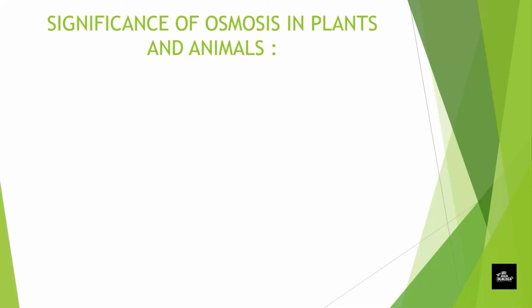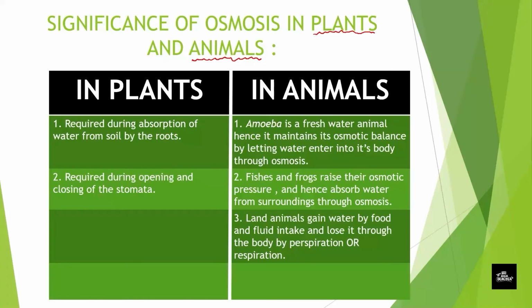The next thing that we are going to discuss is the significance of osmosis in plants and animals. The process of osmosis has significance in both plants and animals, not only in plants. What is that significance? Let us first look at the significance in plants. The first point is that it is required during absorption of water from soil.